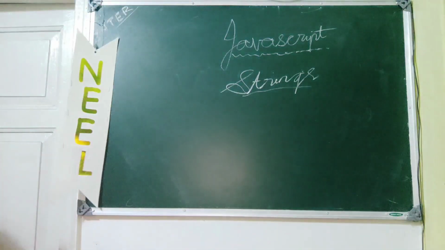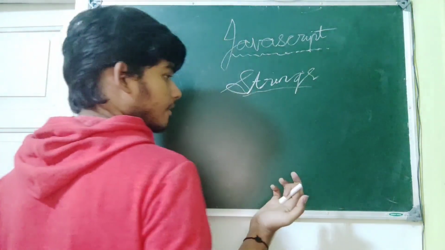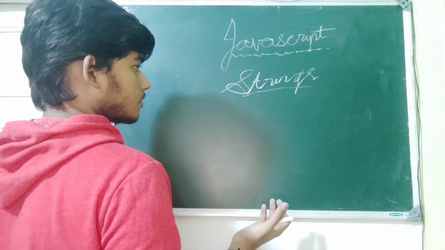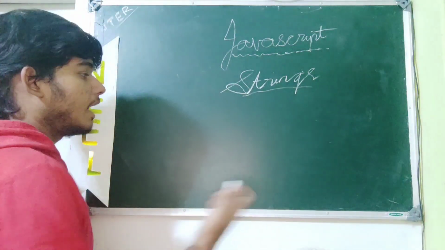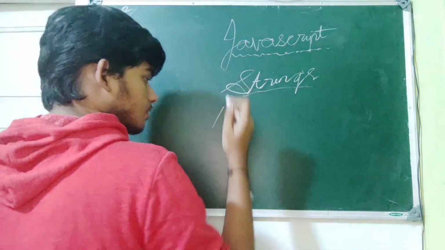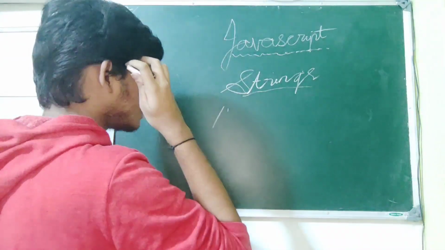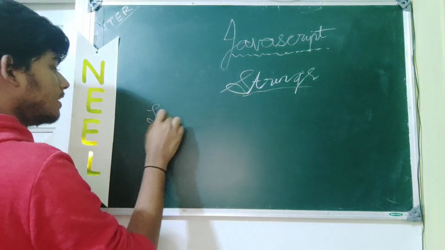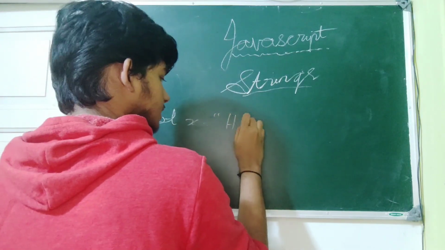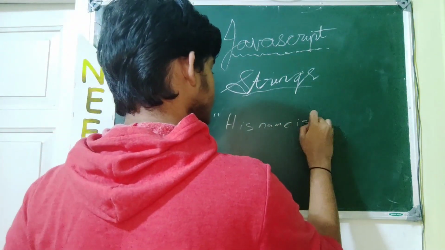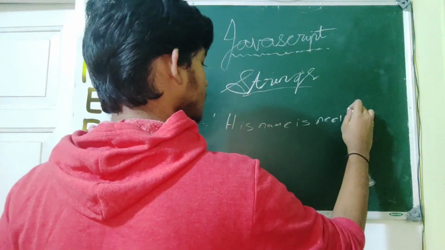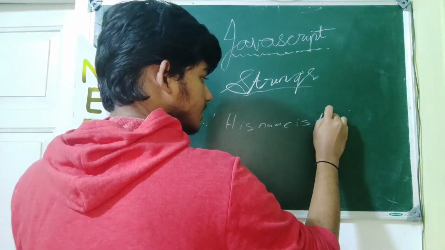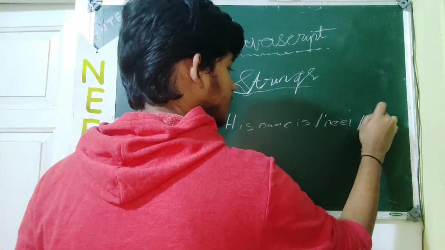Now, the way we can use different types of quotations inside of the quotes is by using a backslash and a quote. By using a backslash and a single quote, you can activate single quotes inside of the quote. For example, instead of writing let x is equals to his name is Neel, which will lead to an error, you can write backslash single quote Neel backslash single quote.